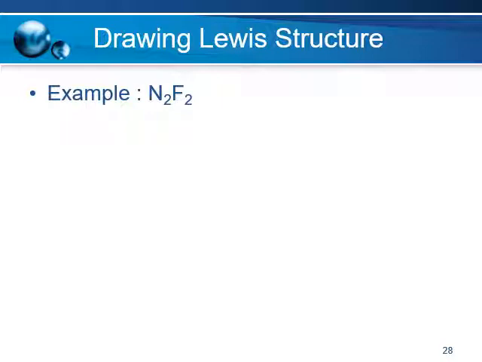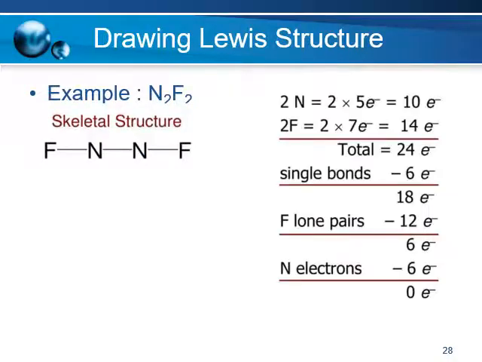N2F2, how do we draw N2F2? We predict N N F F at the end, like that. Then we count. N is 5, 5 electrons times 2 is 10. Fluorine is 7 electrons times 2 is 14. So your total is 24, minus 3 bonds times 2, which is 6, so the remaining is 18. 18 minus the lone pairs on F, 6 times 2 is 12, so it is equal to 6.